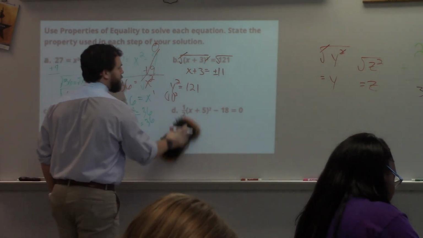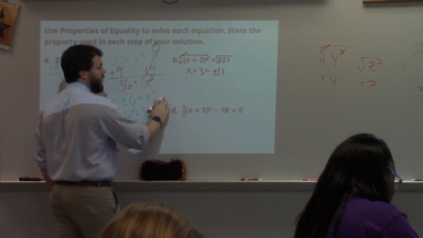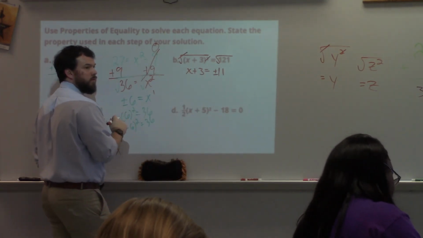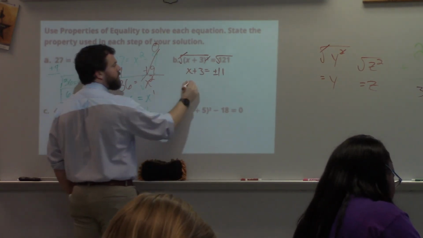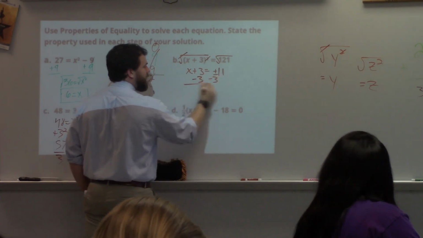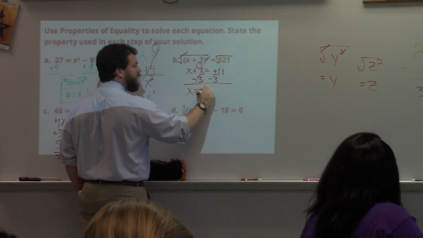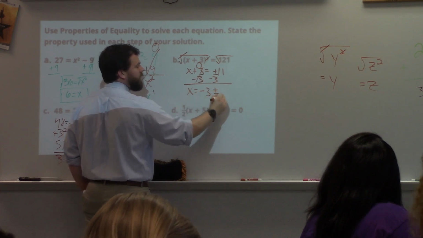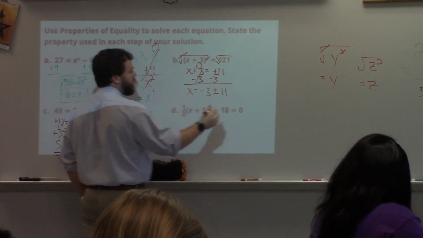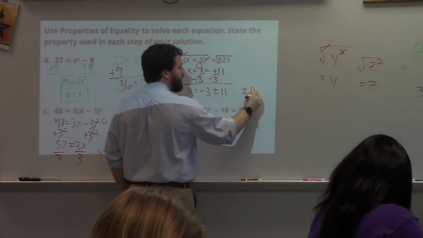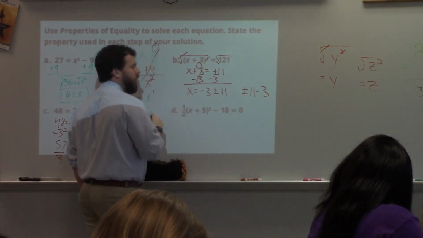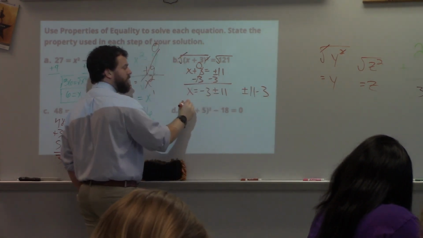So you're going to do plus 3 on both sides? Well, it's already plus 3. So what do I need to do? Subtract 3. And so that would create a 0, and then you can write this as negative 3 plus or minus 11. You could write it as positive and negative 11 minus 3. Or, what is negative 3 plus 11?